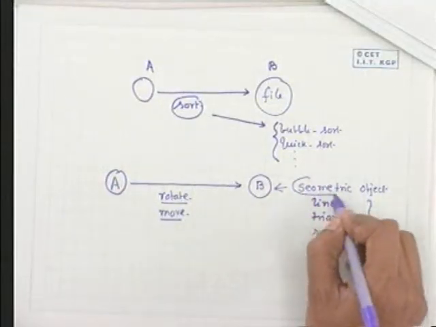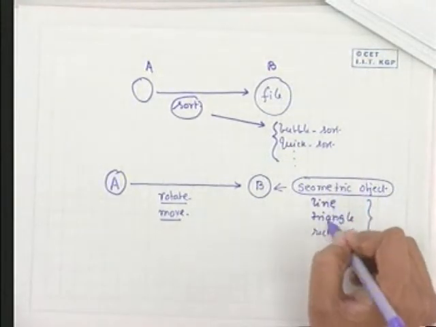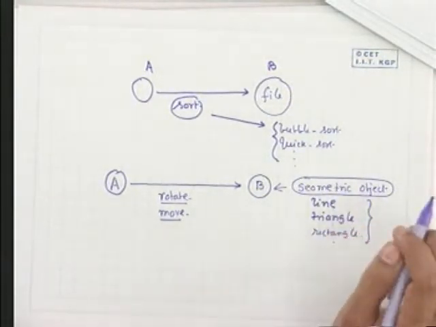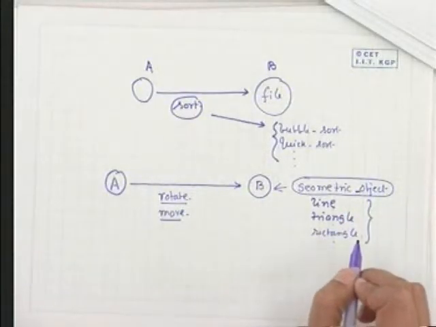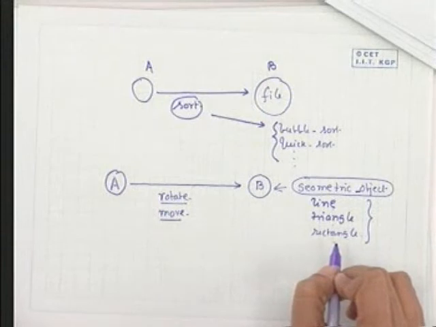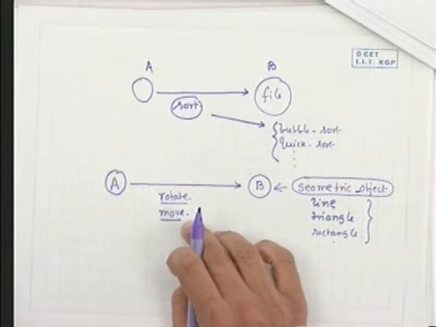This will be more clear when we introduce the concept of generalization, where a geometric object will be treated as a generalized object, and line, triangle, and rectangle are the special classes of the geometric object, and in each one of them this move method will be available.